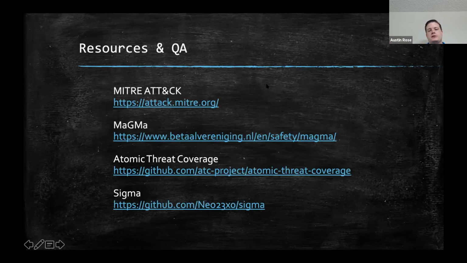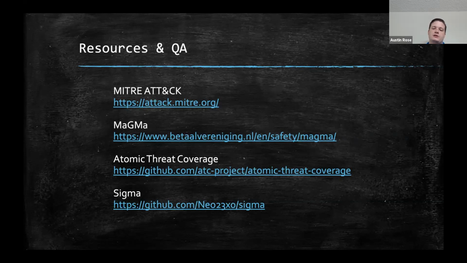So these are the very high level resources. MITRE ATT&CK, again, is the framework for how we're selecting use cases and what we want to do with those use cases. MaGMa is the metrics, growth metrics, and assessment framework. And that is how we want to measure and do the project management and life cycling around use cases.